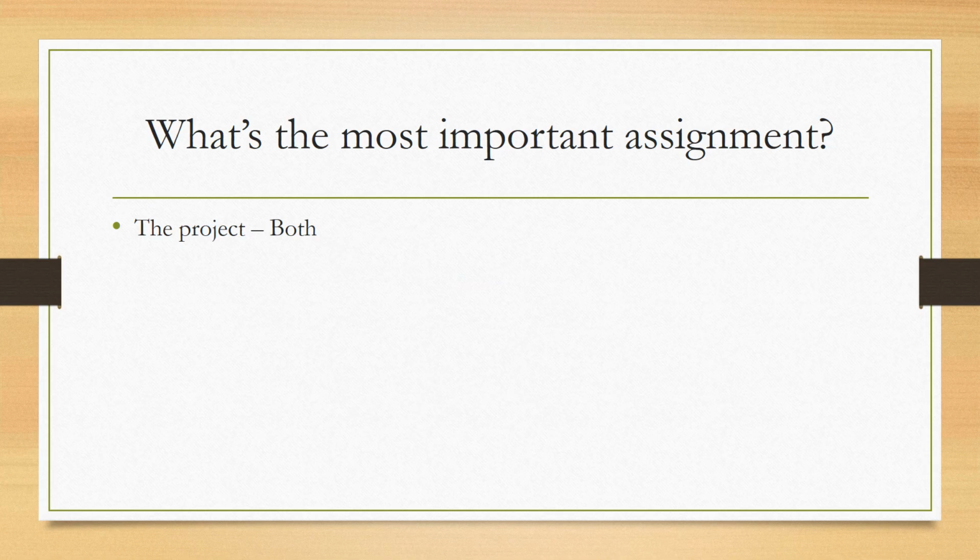So the project is the most important assignment, but remember it has an individual component and the group pieces. You have to collaborate with each other throughout the whole project, but your main assessment is on the individual part.